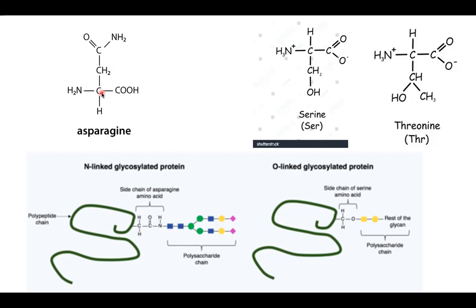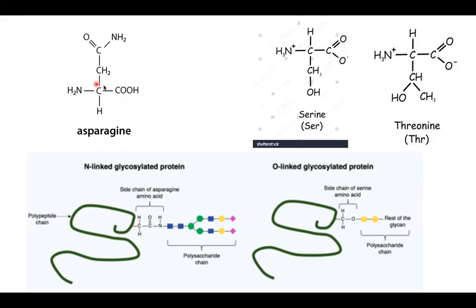I don't know how comfortable you guys are with the structures of amino acids, but they have a central carbon, they have a hydrogen, they have a carboxyl group, they have an amine group, and at the top over here, they have what we call an R group. An R group means that it can be anything. So this part of the amino acid always stays constant.